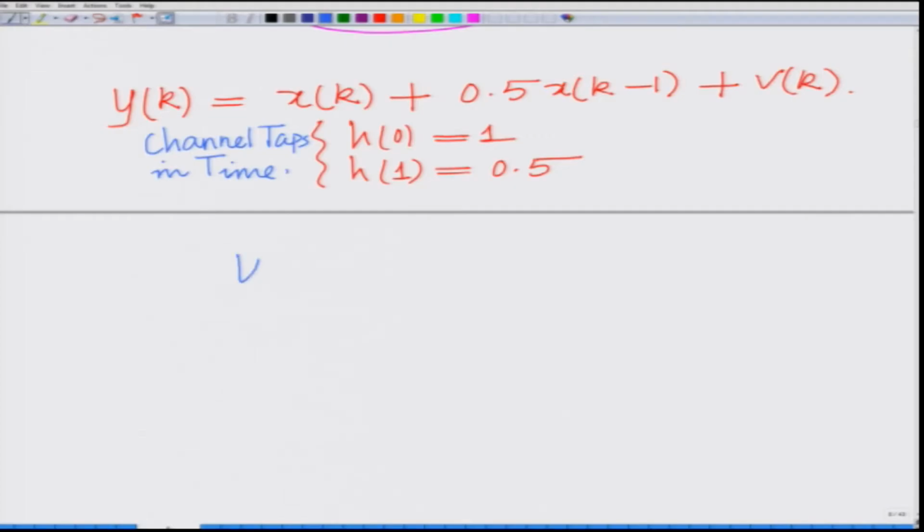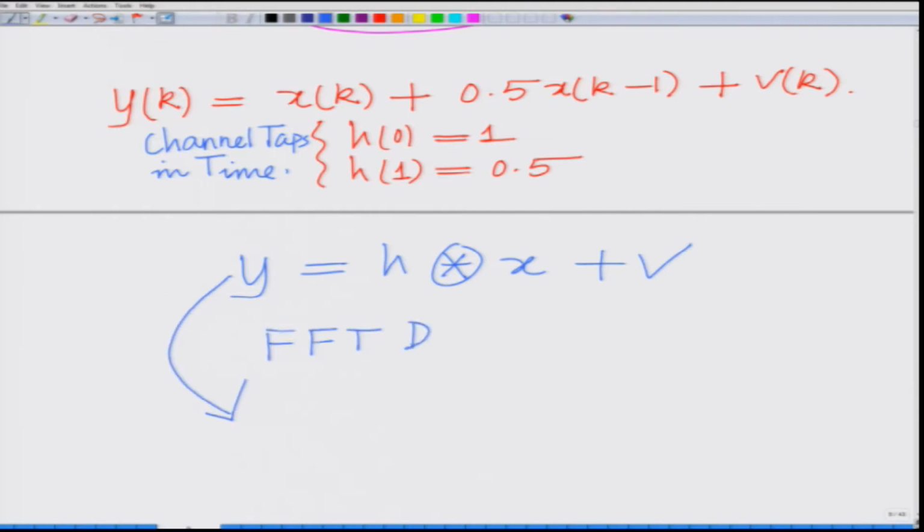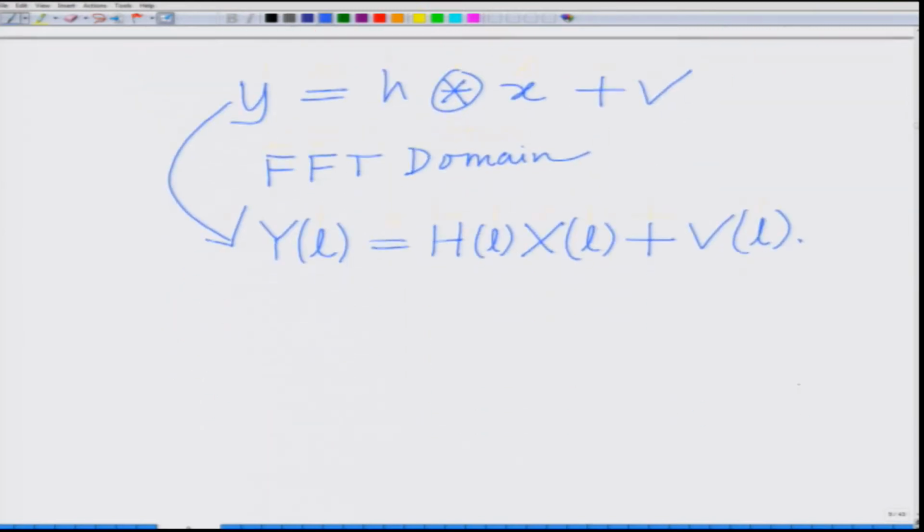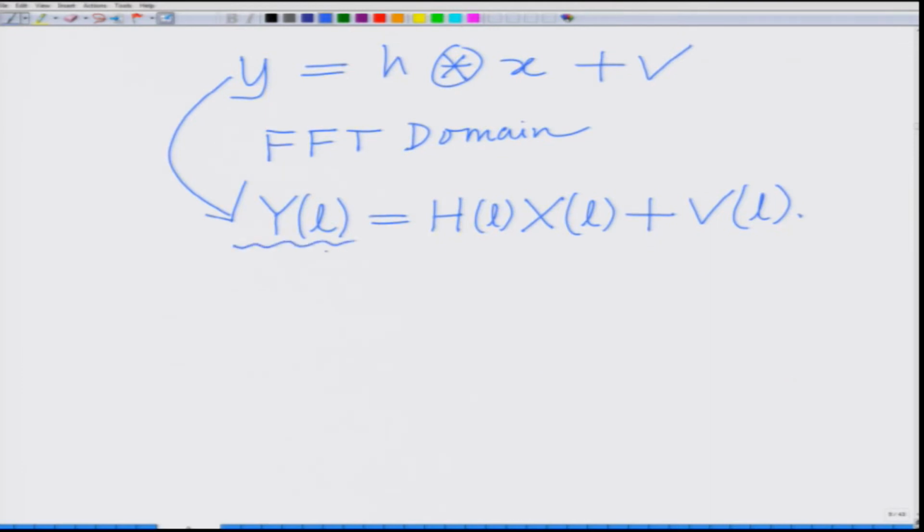So, in time we have y equals h circularly convolved with x plus v, and in the FFT domain you have capital YL equals capital HL times capital XL plus capital VL.